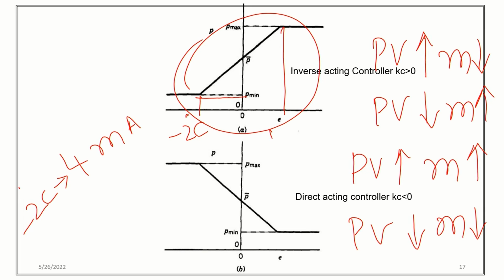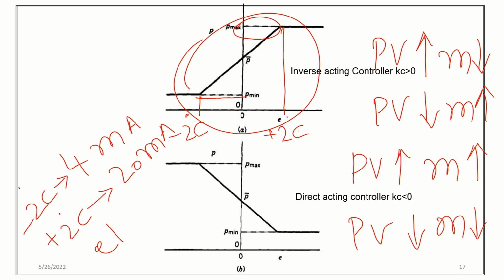When the error is plus 2 degree C, the controller output is 20 milliampere, because you see the graph, it is maximum. So what happens to the error? Error increases from minus 2 degree C to plus 2 degree C. What it implies? Process variable decreases.